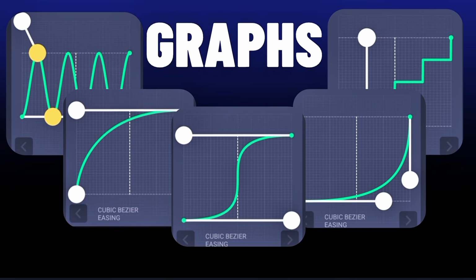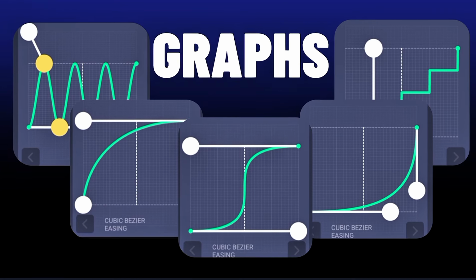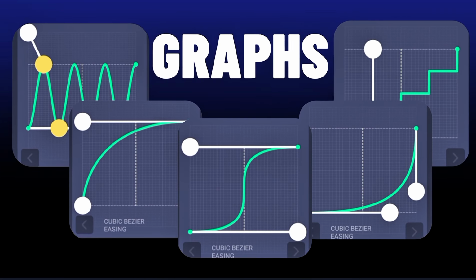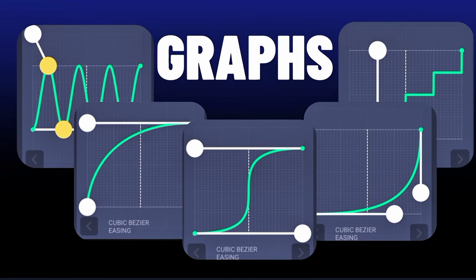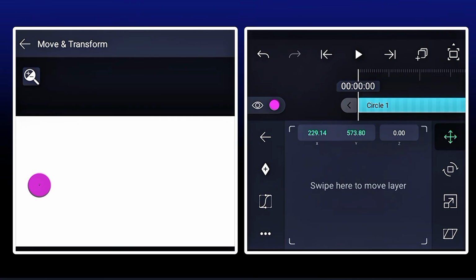There are many types of graph in the Alight Motion app. So let's jump into Alight Motion to understand those graphs. So this is a circle now. I will go to Move and Transform option and make this type of moving animation.